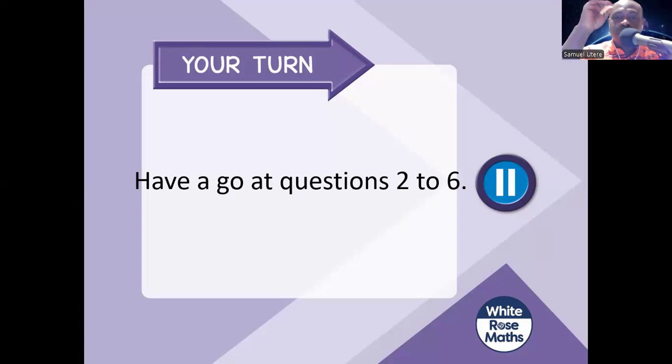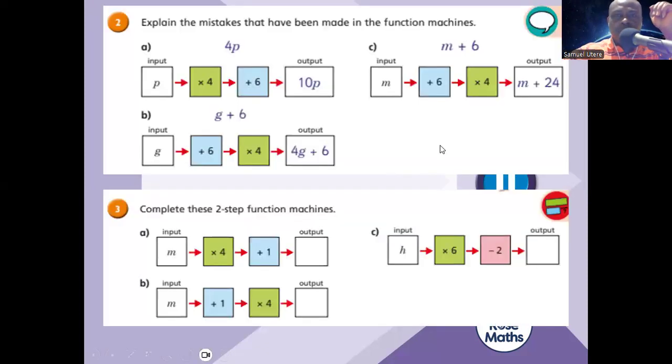Okay, so I would like you to have a go at questions 2 to 6. Pause the video for about 4 minutes and have a go really thinking about what you've learned and how you would apply it to these questions. Have a go at questions 2 and 3.